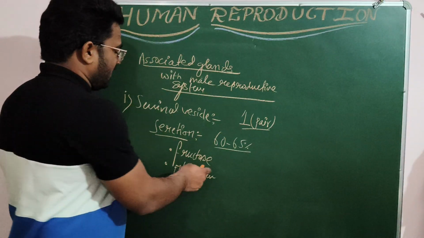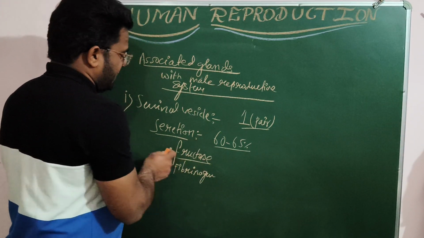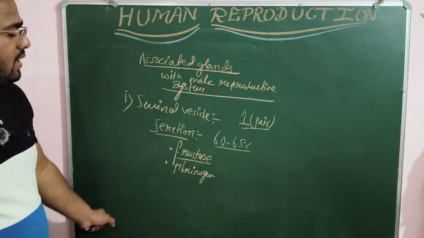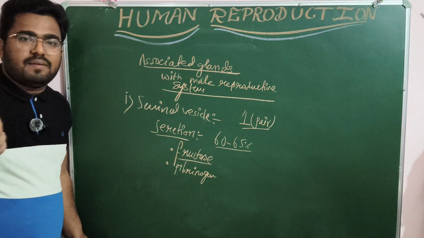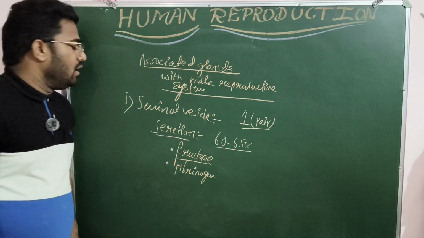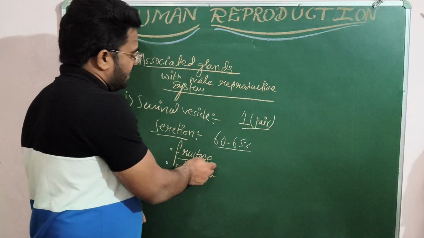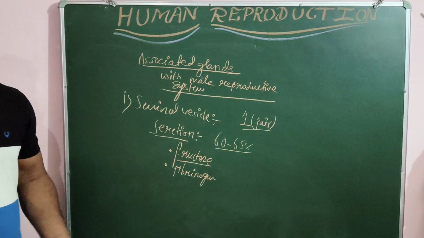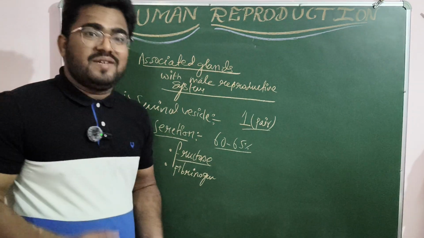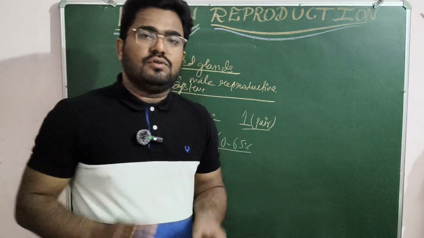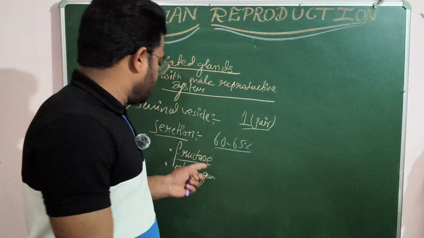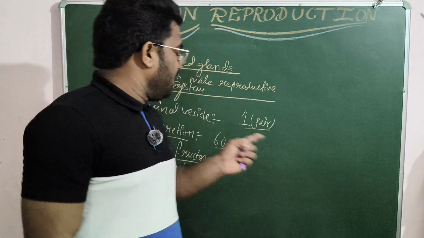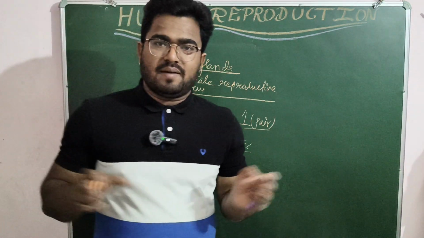What exactly is the need of fructose inside the semen? It provides energy to the swimming spermatozoa. There should be some source to provide glucose. Fructose is the isomer of glucose, a monosaccharide. It provides energy to the swimming spermatozoa.